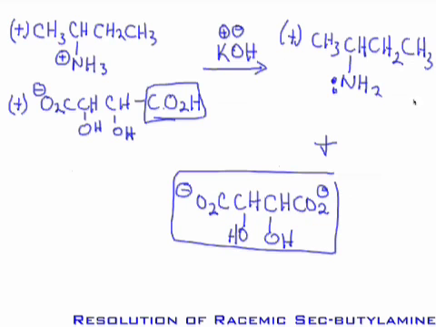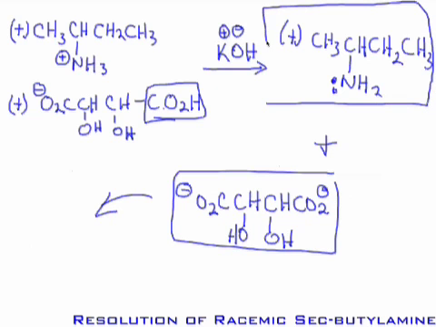You can distill off the pure enantiomer of the sec-butylamine. This can be recollected and reprotonated by adding H+, and you can recollect your tartaric acid. Now you can get this pure enantiomer off by distillation, and you can isolate it in pure form. So you can either do extraction or distillation to purify the amine.